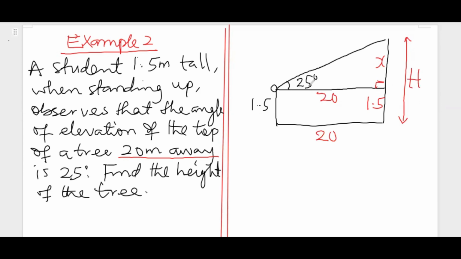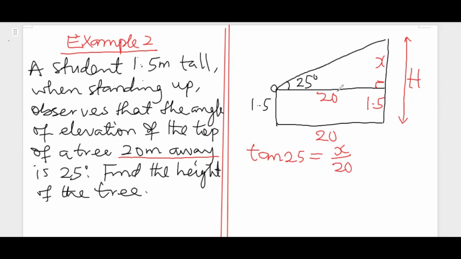So how do we do that? We check. We have this angle. The side facing it is x, opposite. And this third side is adjacent, where we have 20. Nothing is said about hypotenuse. So what combines opposite and adjacent is tan. So we say tan 25 degree equals x over 20.